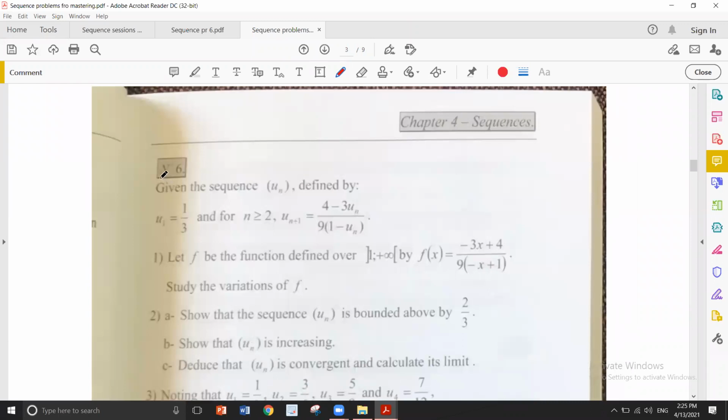Now exercise 6. Given the sequence defined by u1 equal 1 over 3 and un plus 1 equal 4 minus 3 un over 9 into 1 minus un.